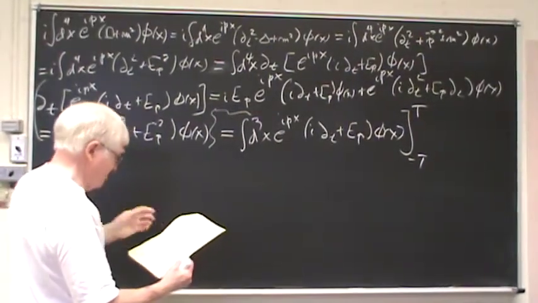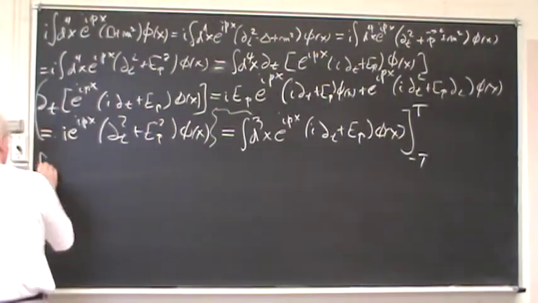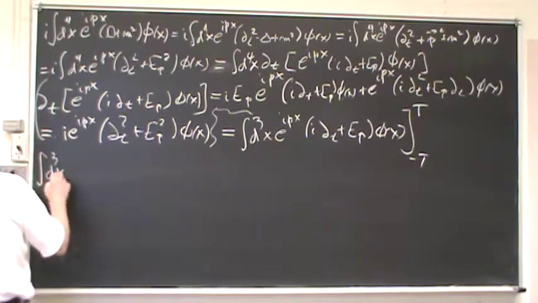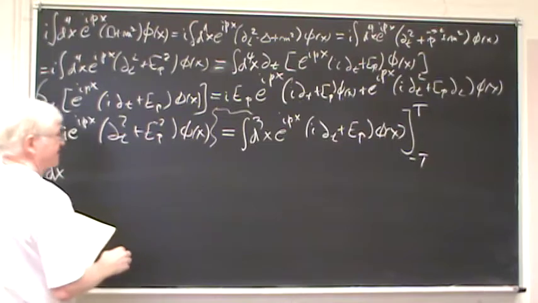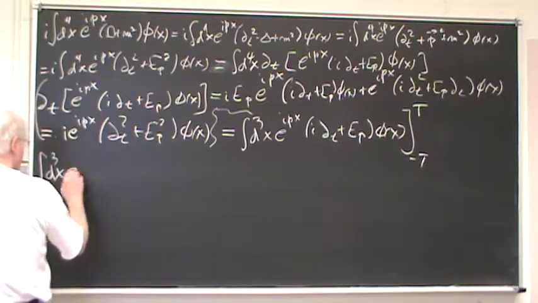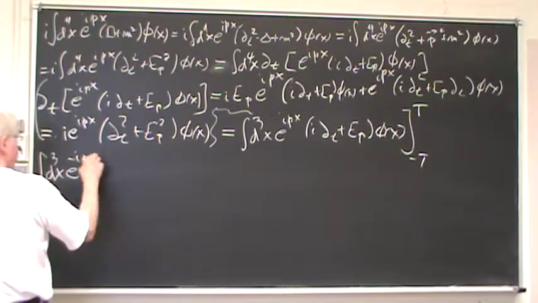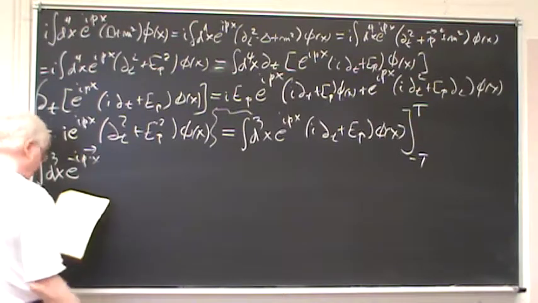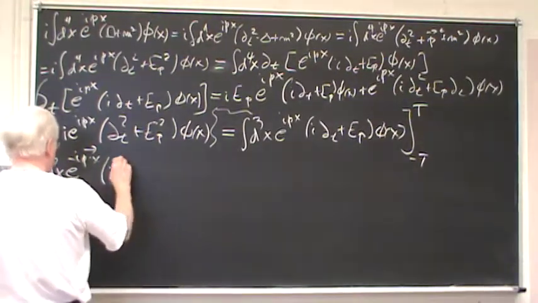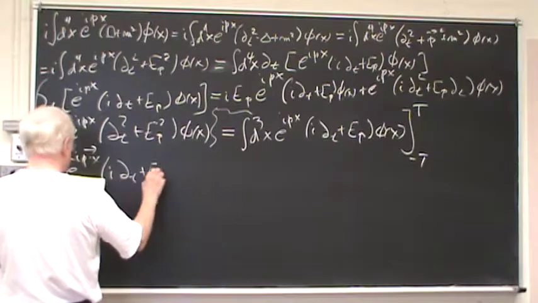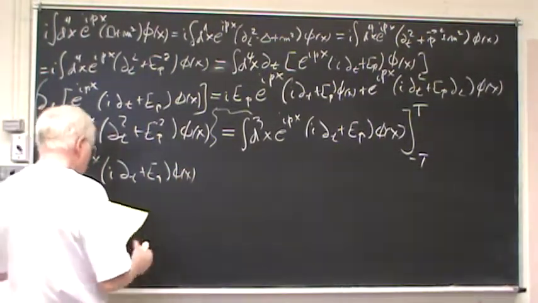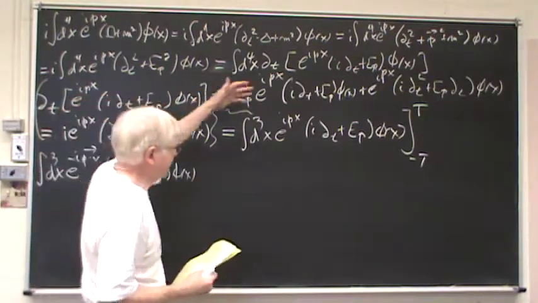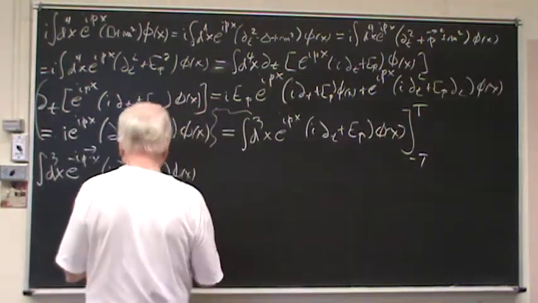All right, now what do these integrals look like at these times? So let's just compute them. Integral d cubed x, which I think I'm going too fast, so feel super free to ask questions. e to the minus I p dot x, I d by dt plus ep phi of x. And we're going to be imagining this either at late times or early times.